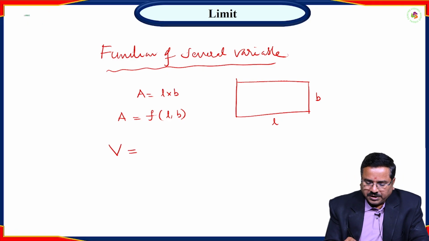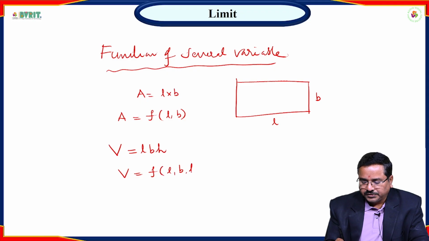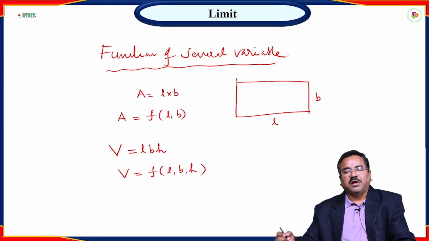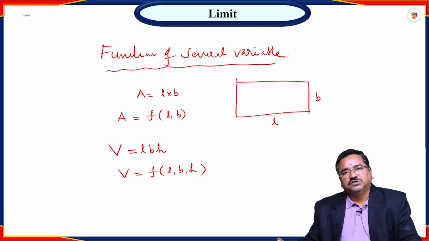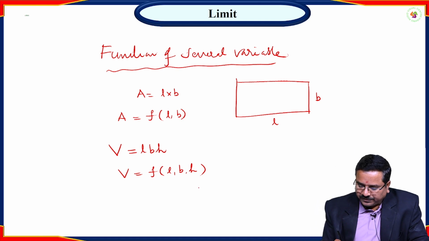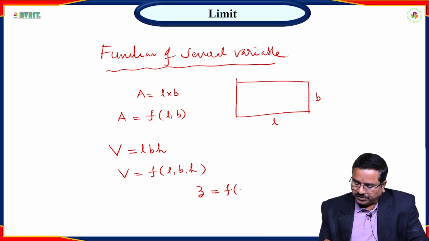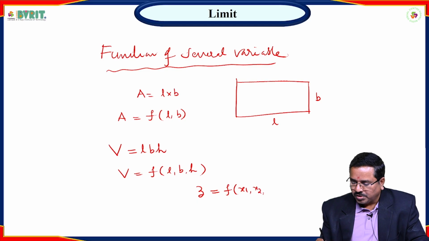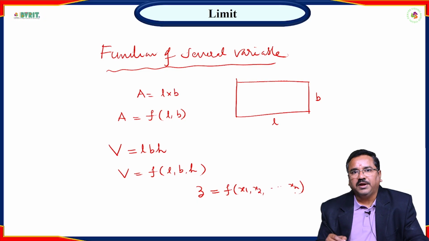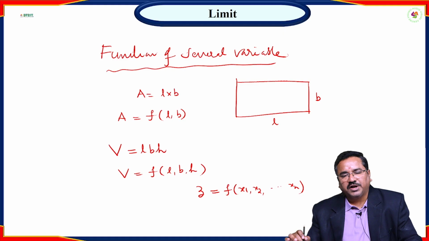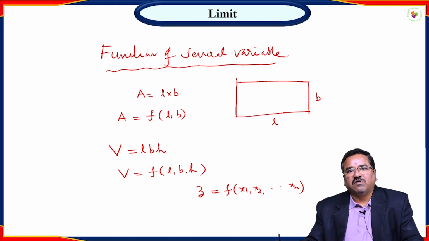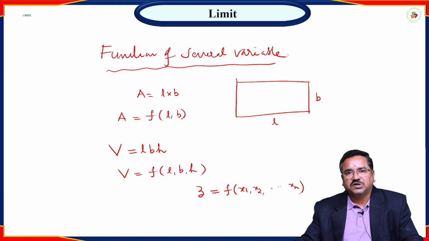Therefore, the volume is a function of three variables, L comma B comma H. In a similar way, we can extend to a function of n variables. Suppose Z depends on n variables, we can write Z is a function of x1, x2 and so on up to xn, meaning for every value of x1, x2, xn, Z takes a finite value. Then we can say that Z is a function of n variables.